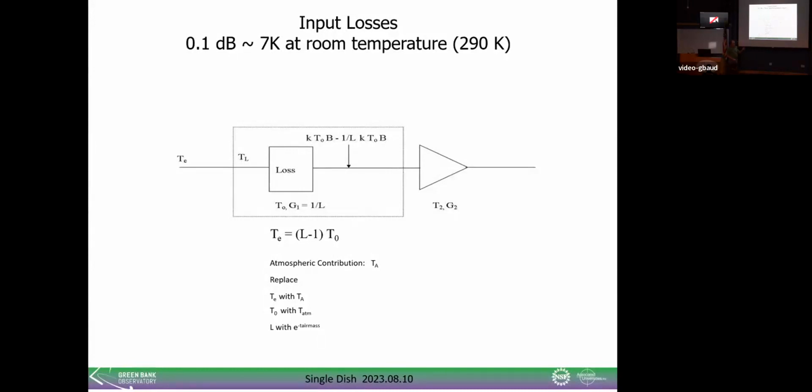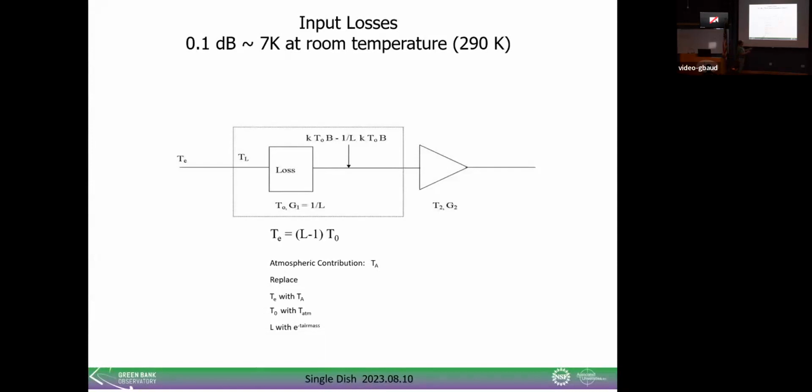At some of these higher frequencies, observing the atmosphere, you have a tau value, which is absorption from the atmosphere, and then there's a physical temperature of the atmosphere, and there's also the air mass.